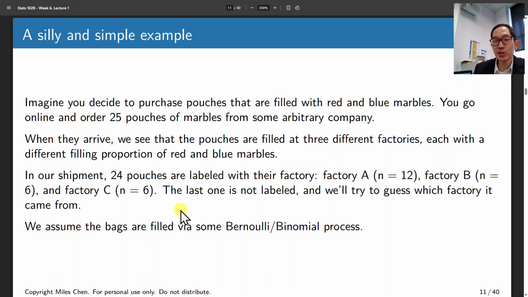And then our last one, bag number 25, is not labeled, and we're going to try to guess which factory it came from. We are going to assume that the bags are filled by a Bernoulli or binomial process, that there's some population of marbles, a mixture of red and blue marbles, at the factory, and they independently select them to fill your pouch.